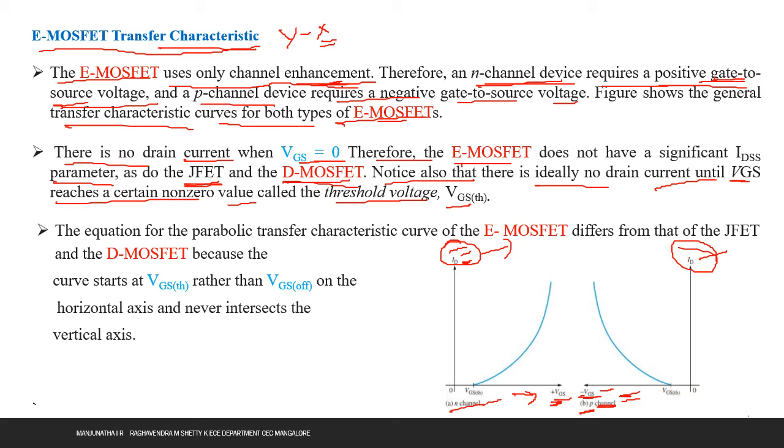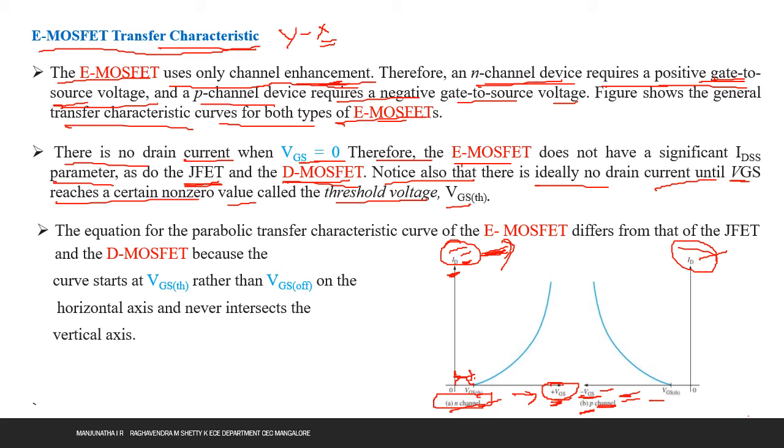For better understanding I will take the N channel, and the whole concept is reversed for P channel. It requires some non-zero value before we can expect ID.